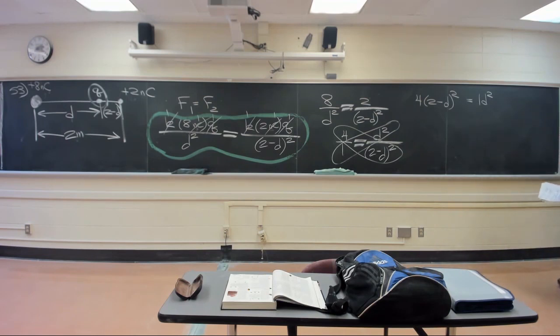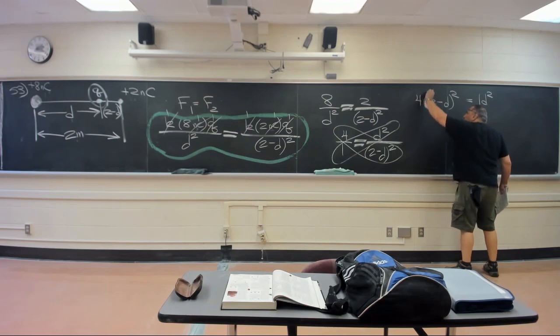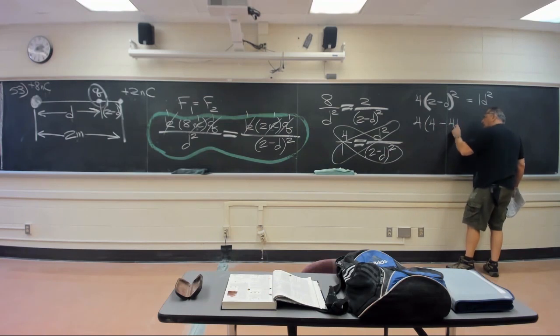Yeah, the rest is what we know how to do. FOIL method, binomial theorem, whatever. We do this, we're getting 4 minus 4d plus d squared.